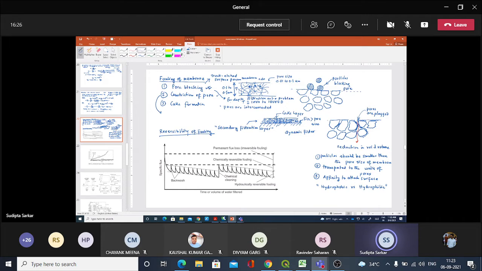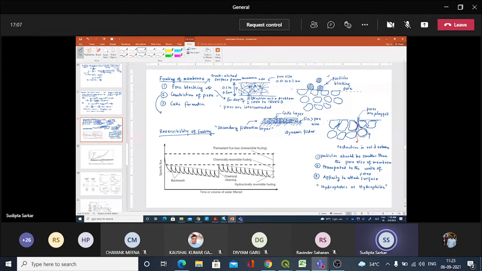Now, if you pass water like a backwash, it will clean out the particles held by weaker forces. But you cannot really backwash and clean out those particles which are retained due to other types of interaction, like hydrophobic interaction. So there will be a permanent flux loss when you have this kind of fouling.